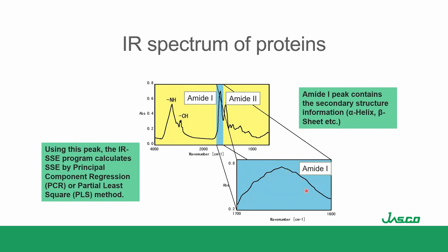Actually, this peak contains all the information of the secondary structure, especially alpha helixes, beta sheet, beta turn, and others. The algorithms that are used for the estimation of the secondary structure are principal component regression, which I'm going to mention as PCR, and partial least squares, that is the PLS method.